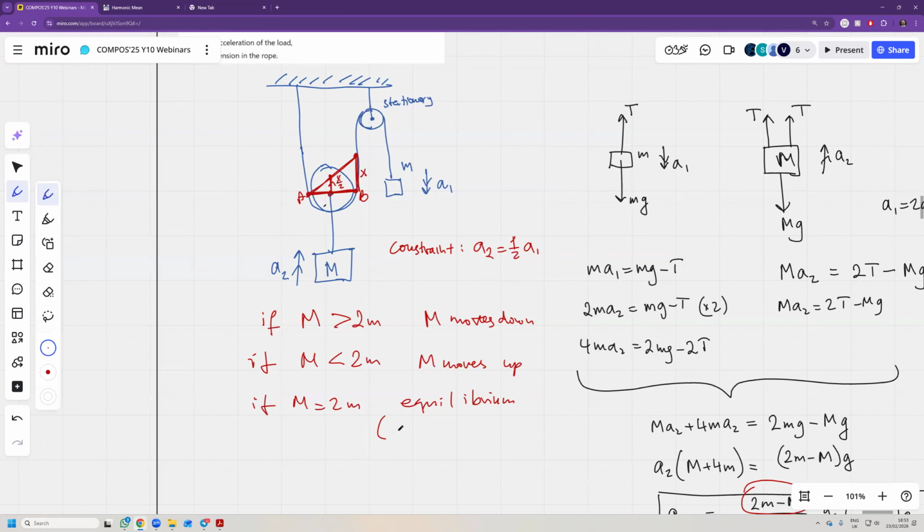Equilibrium means stationary or moves at constant speed. So it can go in either direction, right? If they are the same, they can either move up or move down. If there's no friction, you just push it and it just goes, or you push it down, it goes.